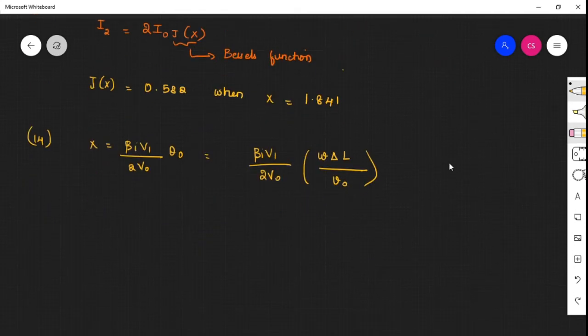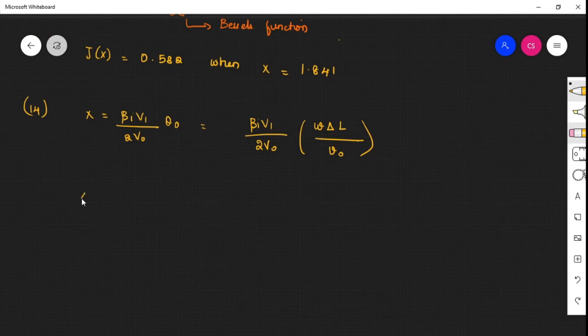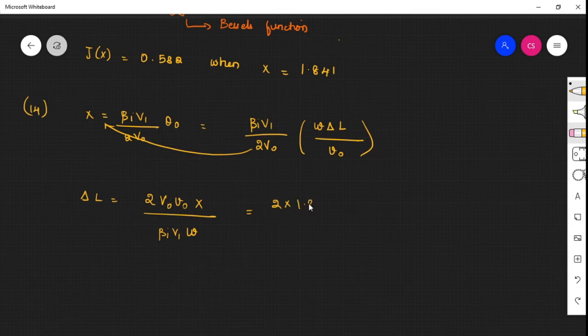So from this, the optimum drift space length del L can be found out by just rearranging the equations. I am taking this 2 to this side. So it is 2 V0 V0 into x divided by beta I V1 into omega. Now we already know the value of x, we know what J of x is. So this is 2 into 1.841 into V0 into V0 divided by omega beta I V1.